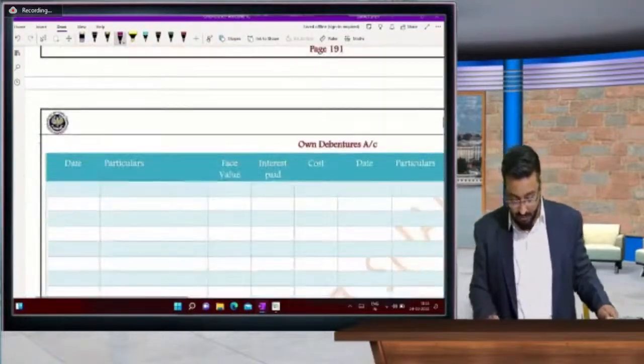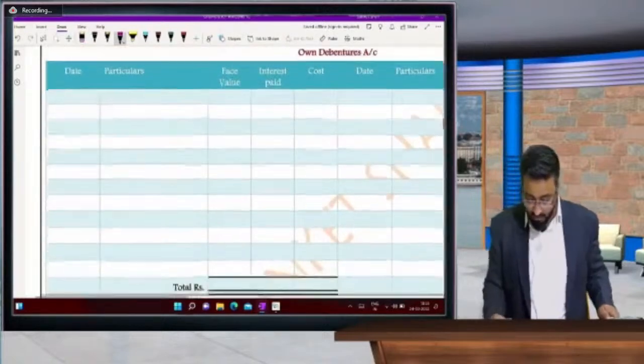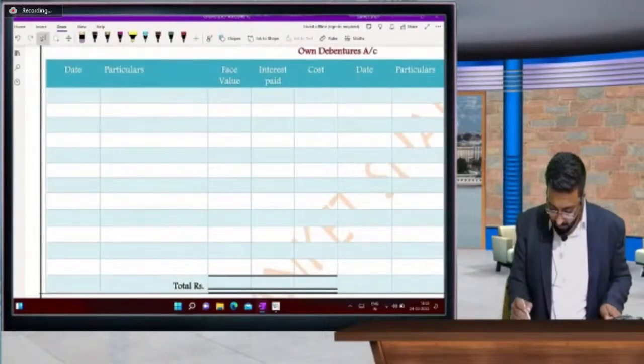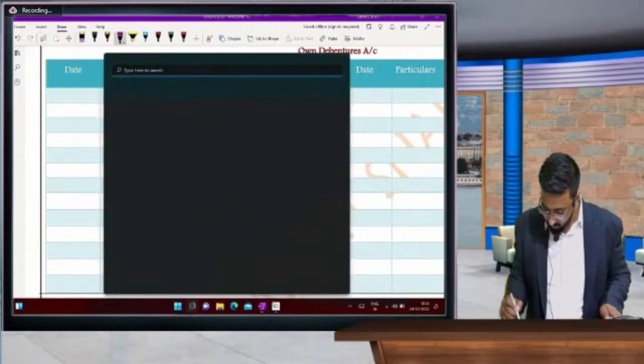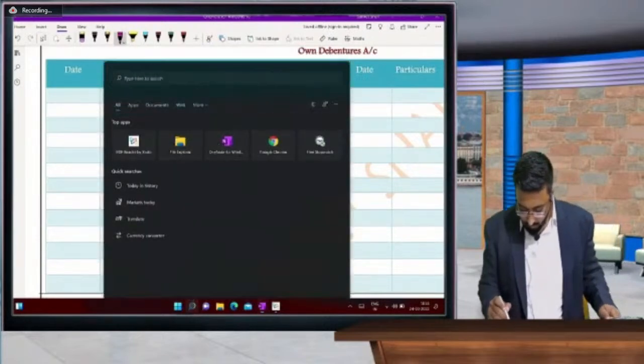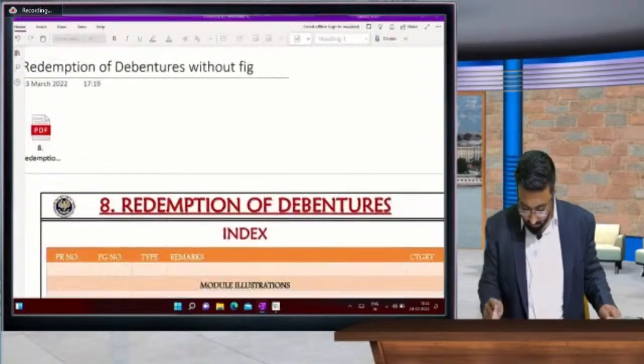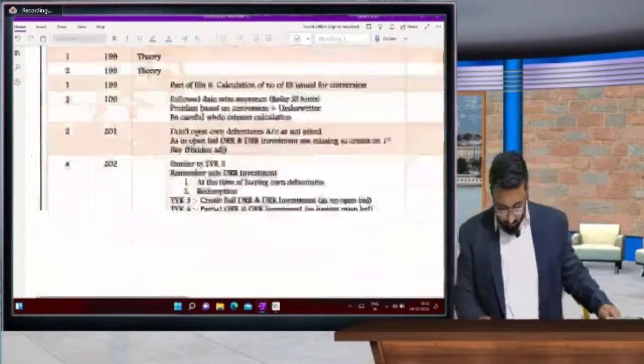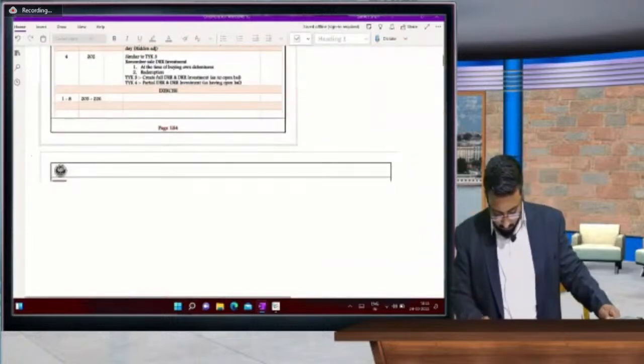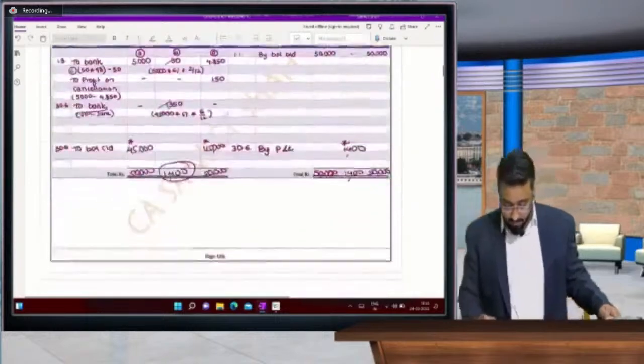So you know the sequence. The sequence we have already covered. So 1st January sequence over.